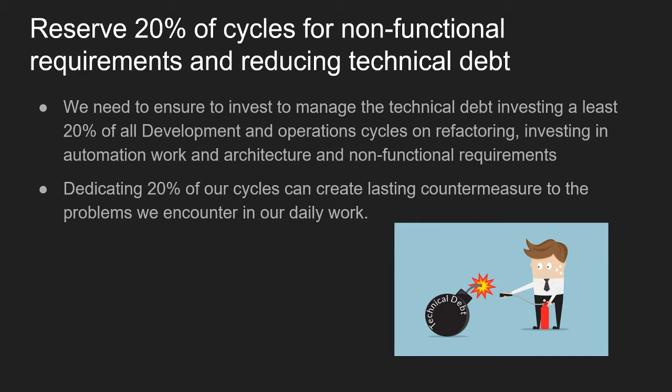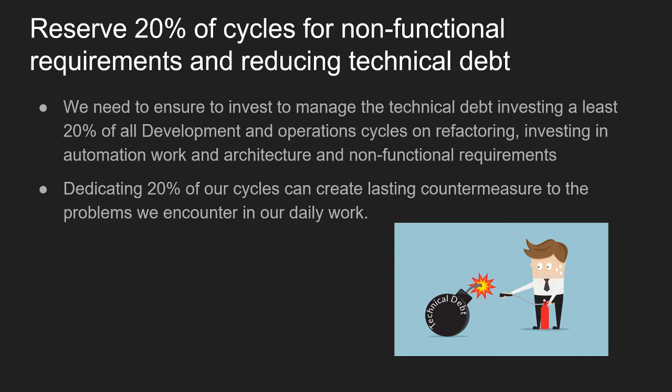Also, something we need to keep very much in our minds is to reserve 20% of our cycles for non-functional requirements and reducing technical debt. We ensure we manage the technical debt by investing at least 20% of all development and operations cycles in refactoring, investing in automation work, and architecture and non-functional requirements.